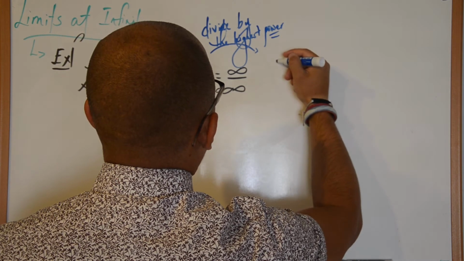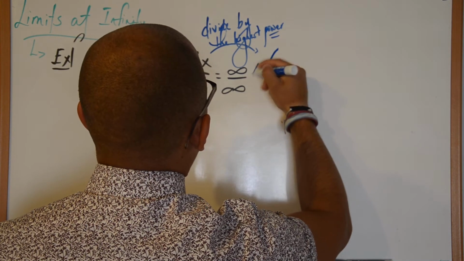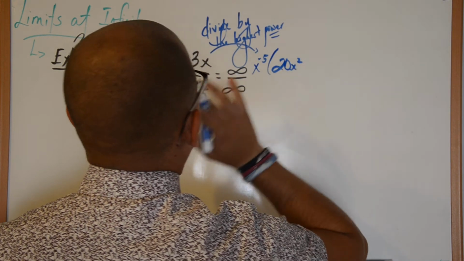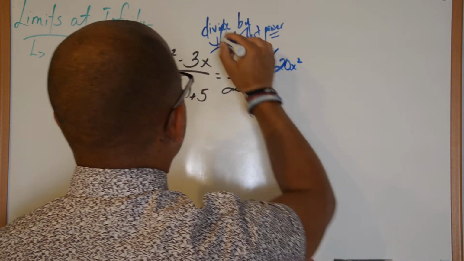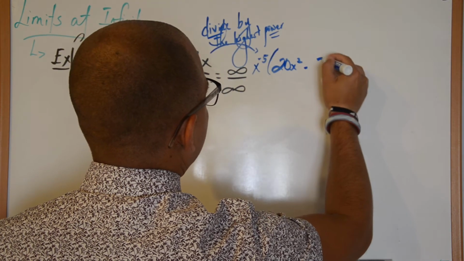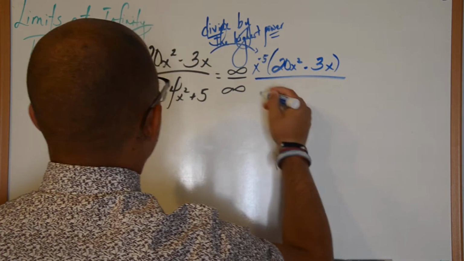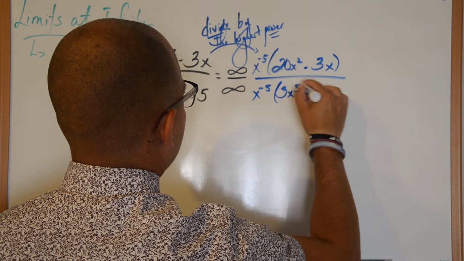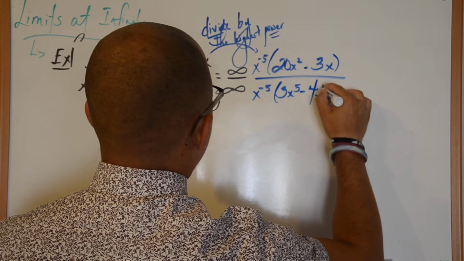So I'm going to multiply x to the negative 5th, because we're dividing, to both the numerator and the denominator.